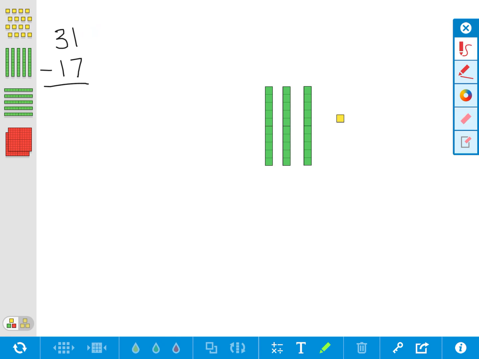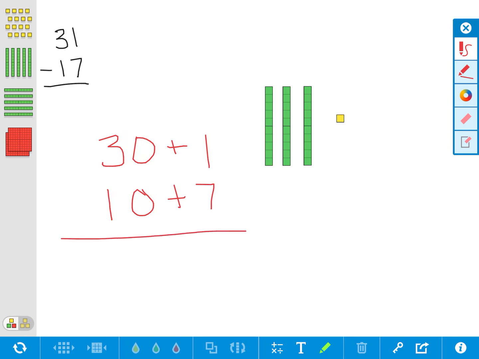So remember, expanding is our expanded form. So 31 would look like 30 and 1. 17 would be 10 and 7. So the first thing I need to do is a trade. Let's go over to our place value blocks.